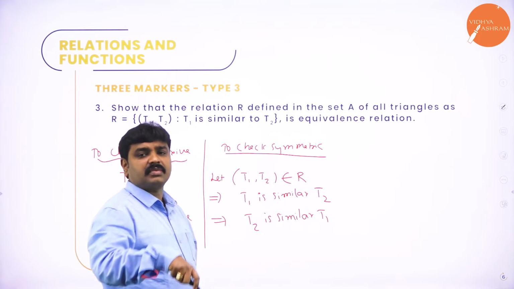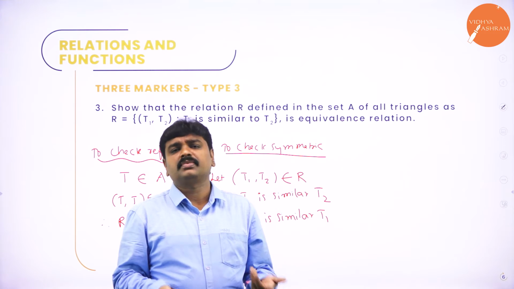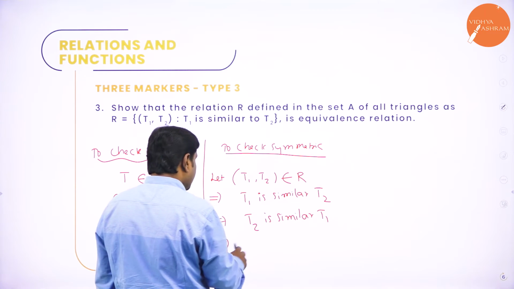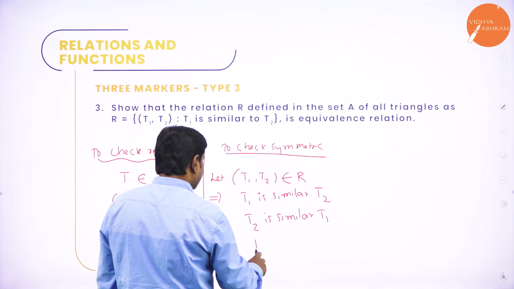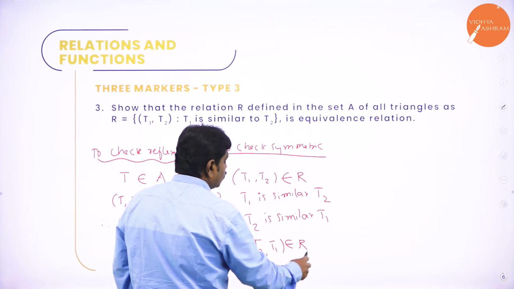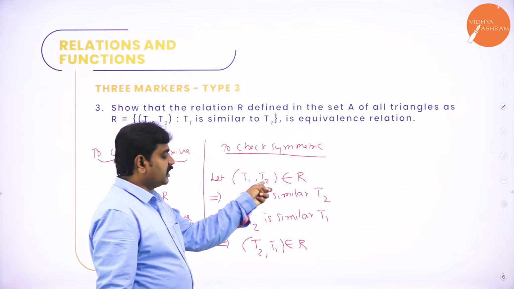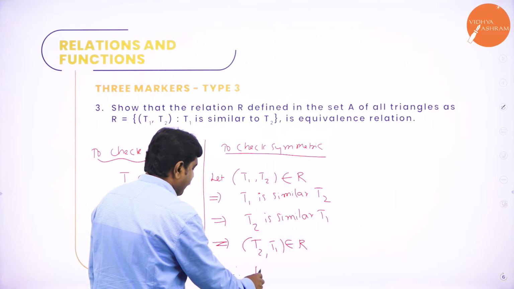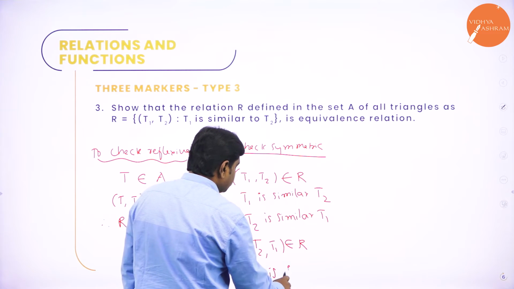If the first triangle is similar to the second triangle, then the second triangle is also similar to T1. Then if T2 comma T1 both are similar, I can say T2 comma T1 belongs to R. We started with T1 related to T2, and we arrived at T2 related to T1. Therefore R is symmetric.